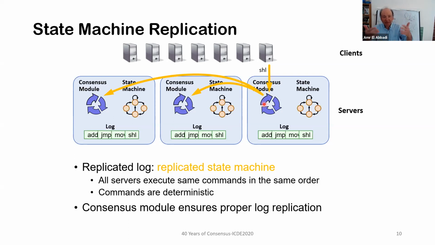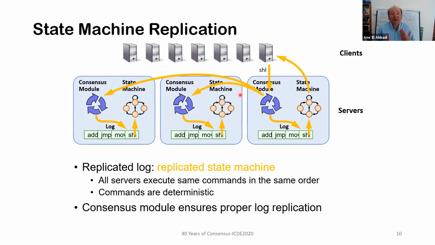Once that consensus protocol has been executed and all the copies have received the new operation, let's call it the shell, then I'm going to incorporate it into my log. Everybody gets the same operations. We assume they are all deterministic operations. They are all going to be inserted in the right order. Once they are inserted in the right order, they can be executed on your state machine.